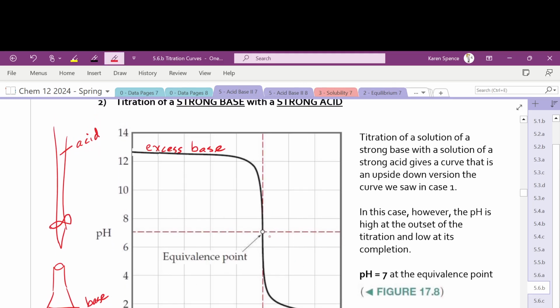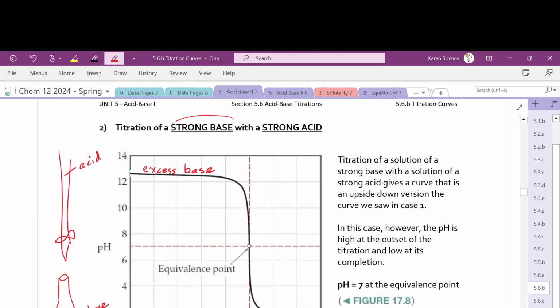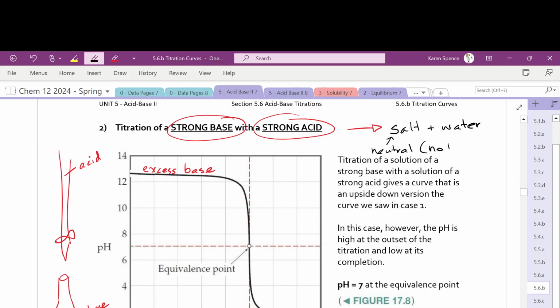So excess base, excess acid, and because it is a strong base with a strong acid, what are our products going to be? A salt plus water, and what kind of a salt are we going to end up with? That's going to be a neutral salt. There will be no hydrolysis because it's exactly the same reaction as the other one. It'll be something like NaCl.